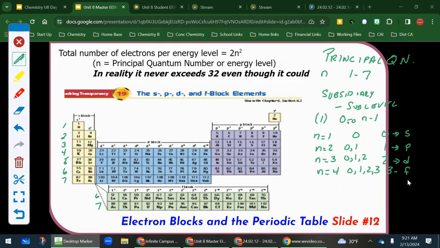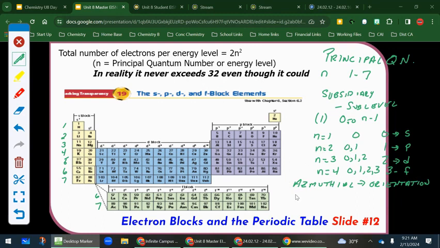Now, the third quantum number, ladies and gentlemen, is the azimuthal. That means orientation. Okay?